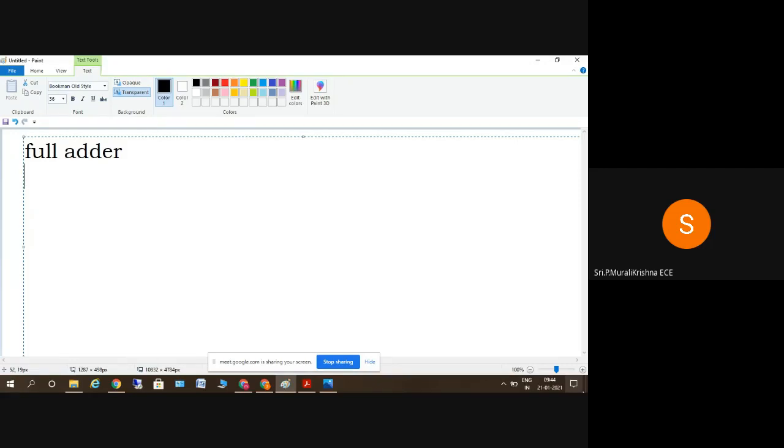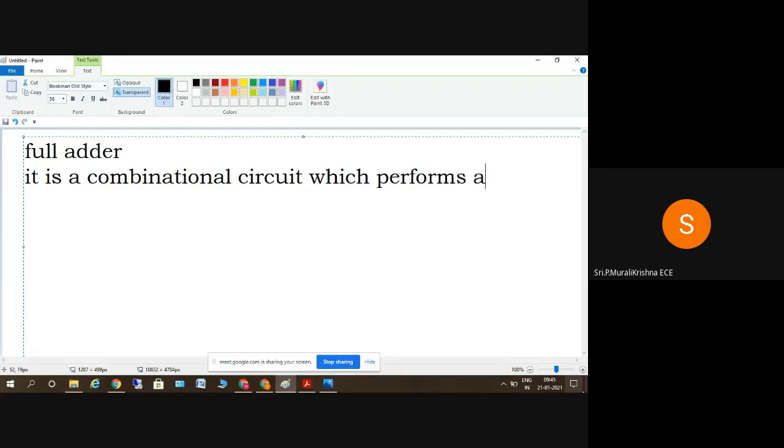The half adder is addition of 2 bits, so the full adder will add 3 binary bits. So there are 3 inputs, and it will generate 2 outputs only.